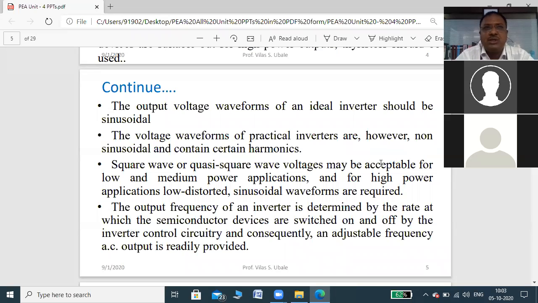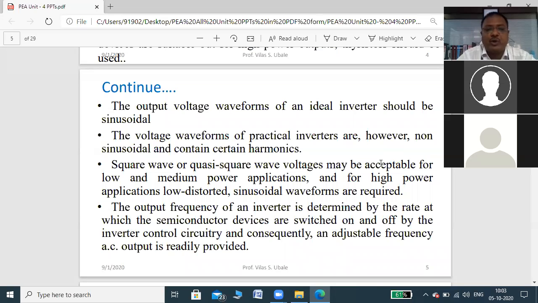If we use some filter circuit to remove the harmonic components, then square wave or quasi-square wave voltages may be acceptable for low and medium power applications. For home or medium power applications, square waves or quasi-square waves are acceptable, and for high power applications, low-distortion sinusoidal waveforms are required.